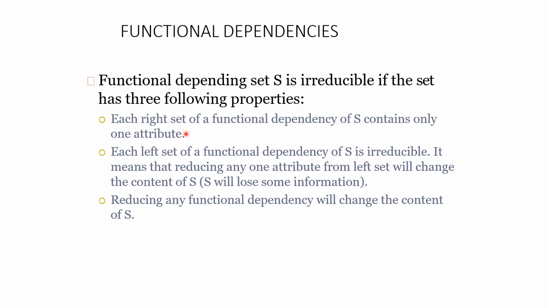So the right side of the functional dependency should be only one attribute, and each left set is irreducible, so you cannot reduce it any further. It means that reducing any one attribute from the left set will change the content of S, as we will lose some information. Reducing any functional dependency will change the content of S.